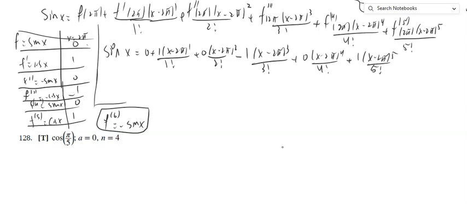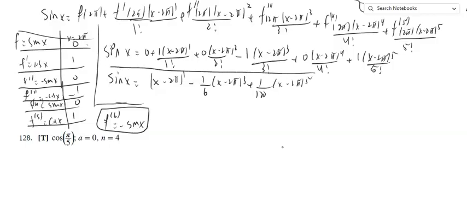So sine and cosine, you should be aware that we lose half of the terms at 0, pi over 2, or 2 pi. So it's simply x minus 2 pi minus 1 over 3 factorial, which is 6, x minus 2 pi cubed, plus 1 over 5 factorial, which is 120, x minus 2 pi to the 5th.